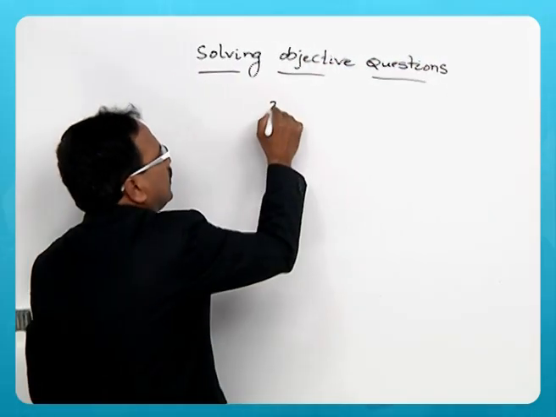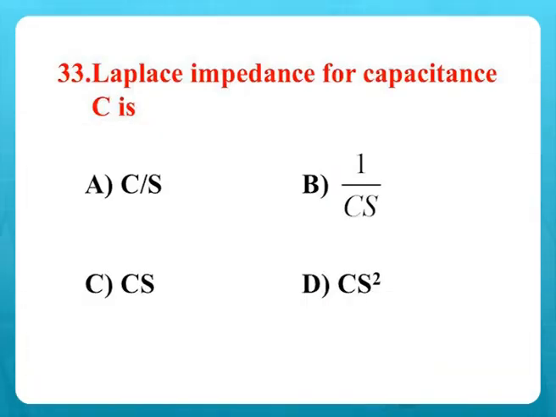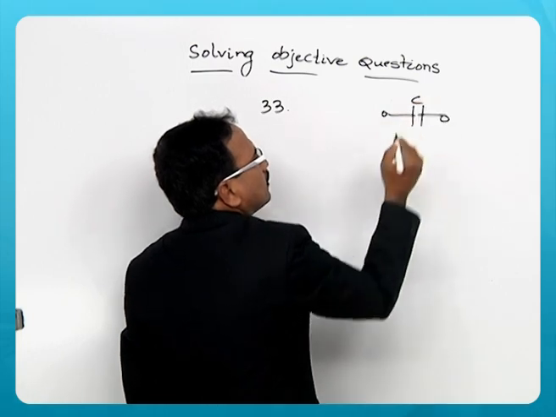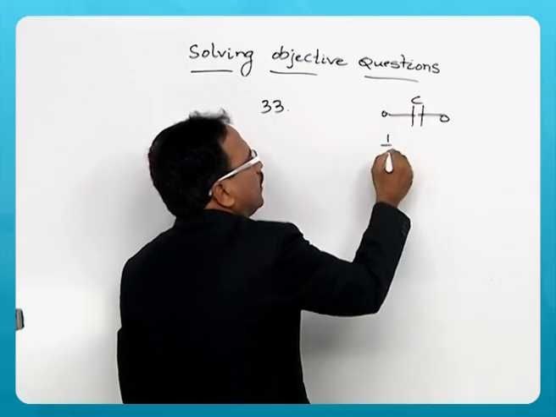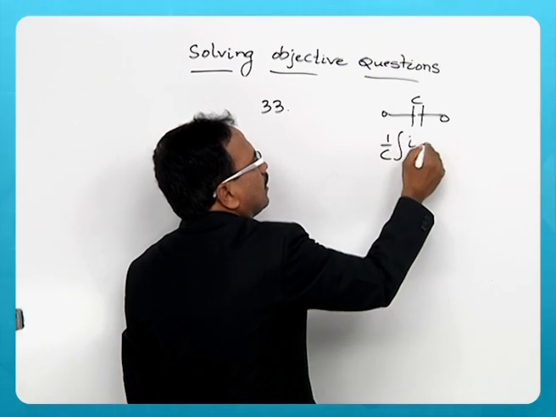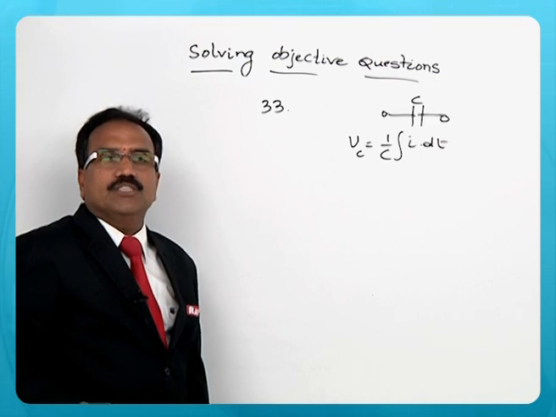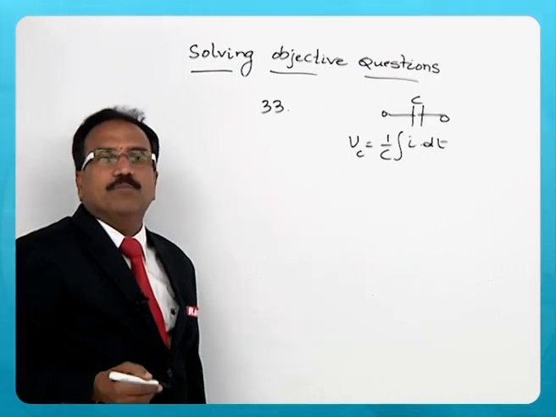Now question number 33, the capacitance, how Laplace is seen in electrical systems. So Laplace impedance for capacitance C. As you know, capacitance is represented like this, and 1 by C integral I dt. This is the voltage across the capacitor.